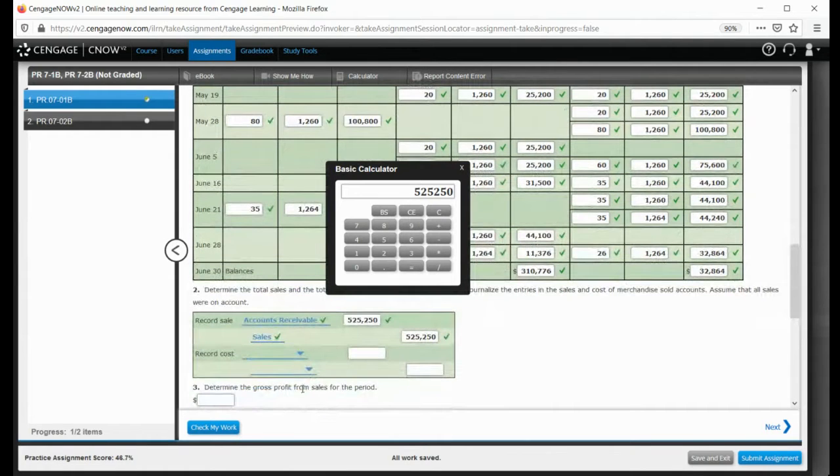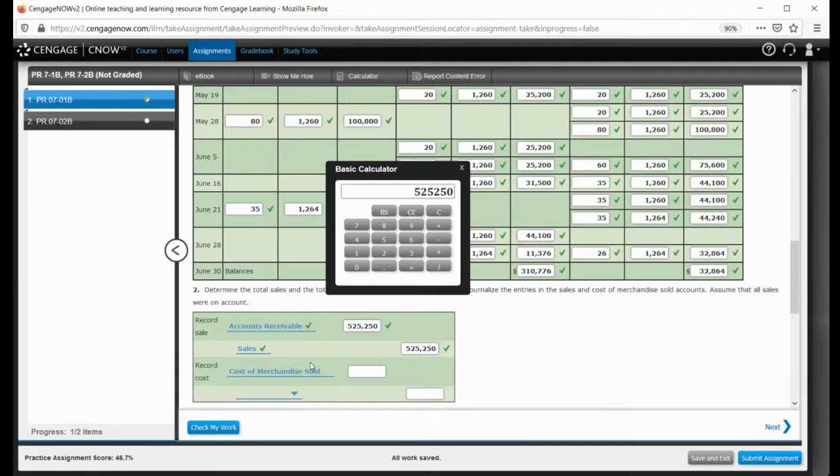I'm going to move my calculator up a little bit so you can see these balances on the next part. The remainder of these journal entries, because every time we make a sale, you have to update the cost of merchandise sold, and you have to credit your merchandise inventory.